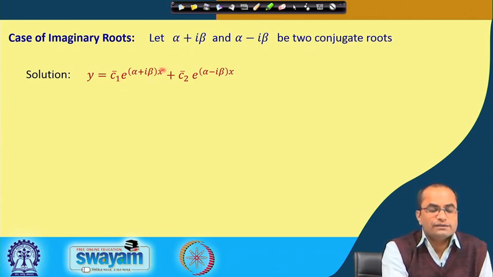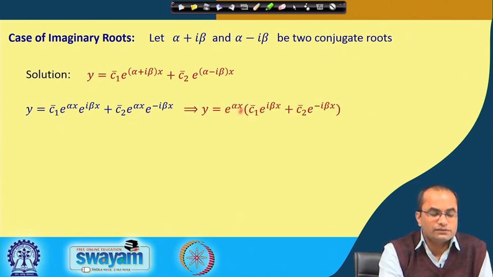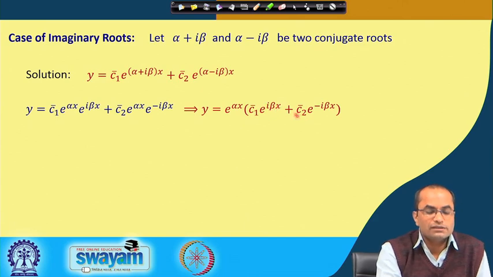So, e power alpha x and e power alpha x, we have the common term in both. What we will do now is take this common term out, and what remains is C 1 e power i beta x plus C 2 e power minus i beta x.